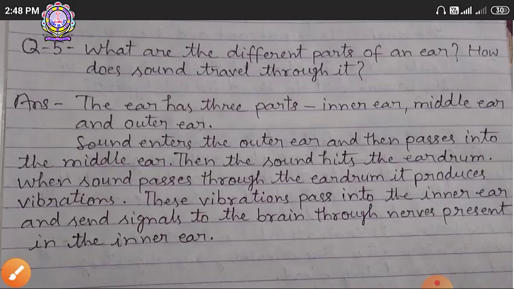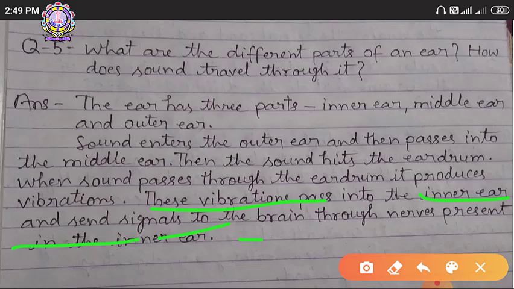When sound passes through the eardrum, it produces vibrations. These vibrations pass into the inner ear and send signals to the brain through nerves present in the inner ear.